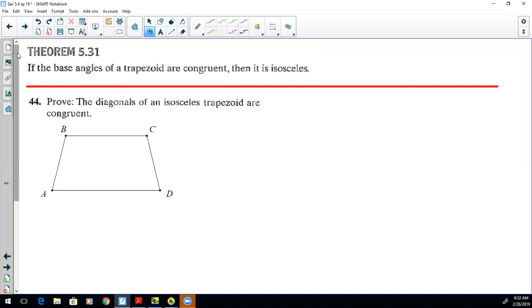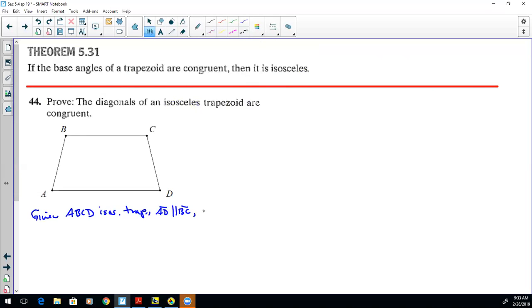Okay, finally, I want to do one example of proof here. This is number 44, and it's a real simple little proof. The diagonals of an isosceles trapezoid are congruent. So we'll do this in a two-column format. We're given that ABCD is an isosceles trapezoid. So let's write down what we're assuming: AD is parallel to BC, so those are the parallel sides.